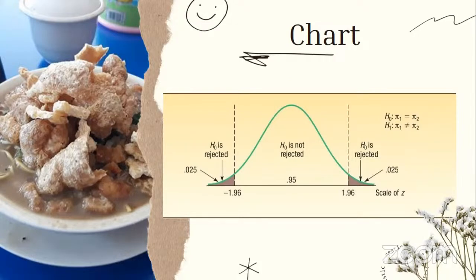If the computed z-value falls in the region between positive 1.96 and negative 1.96, the null hypothesis is not rejected. If that does occur, it is assumed that any difference between the two sample proportions is due to chance.